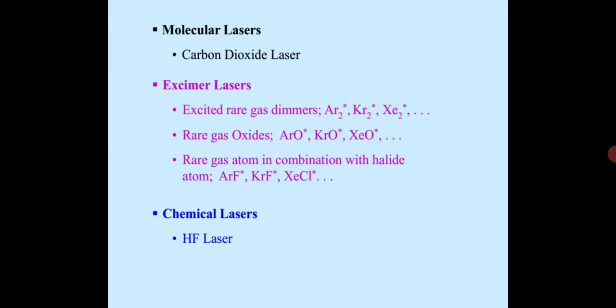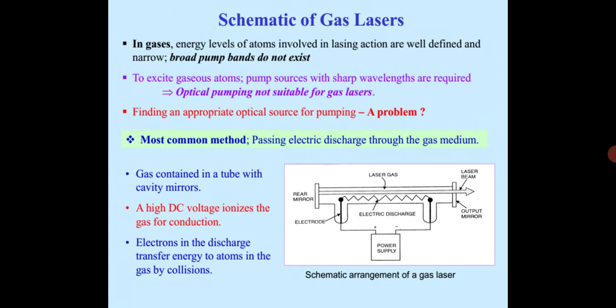Excited rare gas dimers are embedded in that: argon, krypton, xenon, rare gas mediums are there, and rare gas oxides, argon oxide, krypton oxide, and xenon oxide. So rare gas atoms in combination with halide atoms, that is argon fluoride, chromium fluoride, and xenon chloride. Chemical lasers are also there, hydrofluoride lasers.